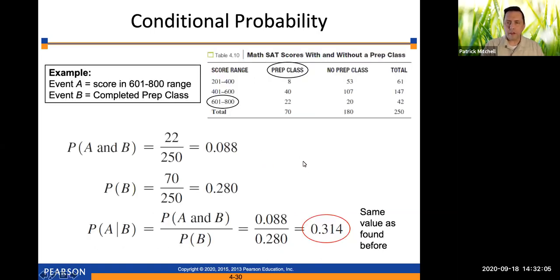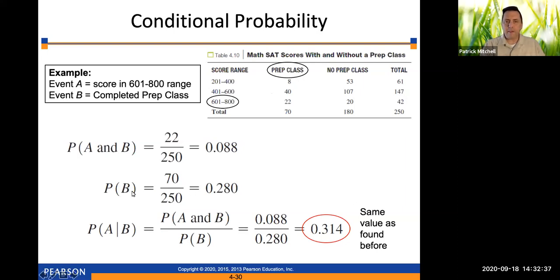All right, so this looks like the same example as before. We want to find the probability that a student scores over 600 given that they completed the prep class. So if we're going to use the formula, first we would find the probability of A and B, which is 22 students total scored over 600 out of 250 students total. 22 over 250 is 0.088.